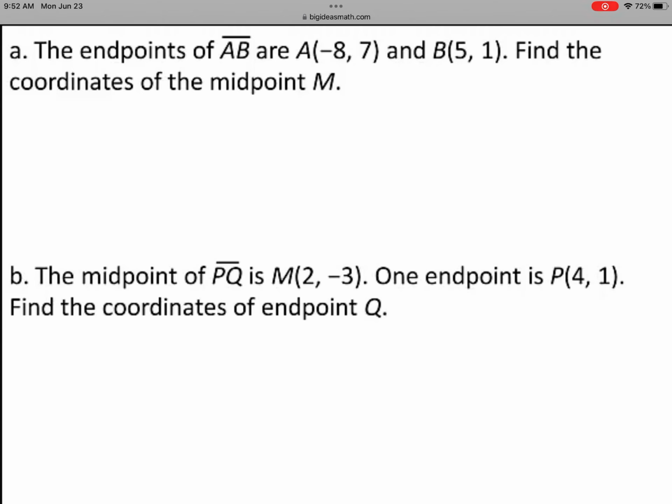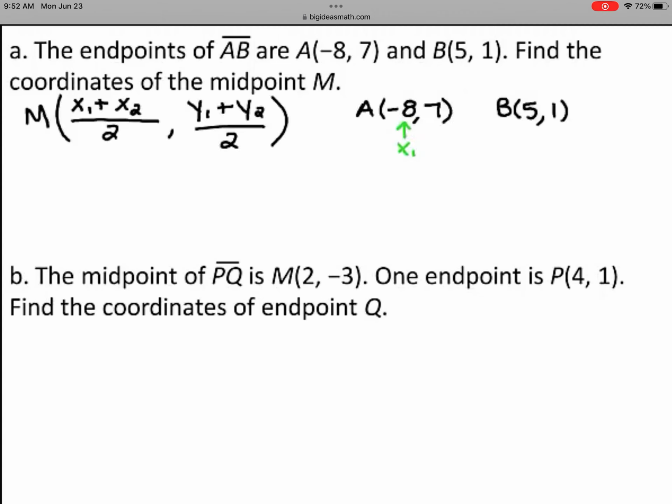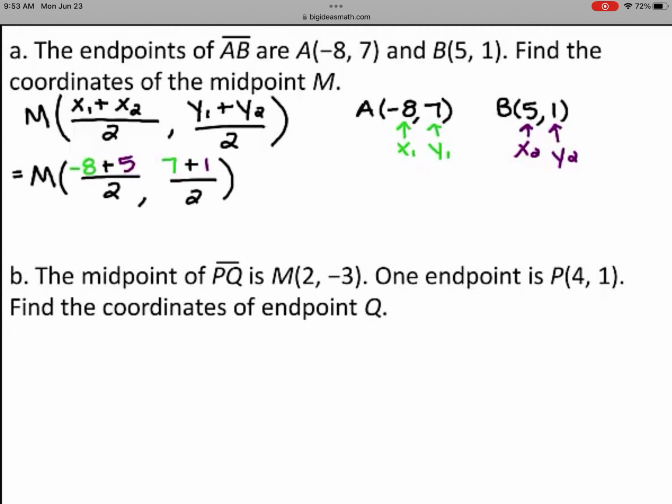In part A, to find the coordinates of the midpoint M, you can use the midpoint formula. Let x1 equal -8, y1 equal 7, x2 equal 5, and y2 equal 1. You can substitute these values into the midpoint formula.